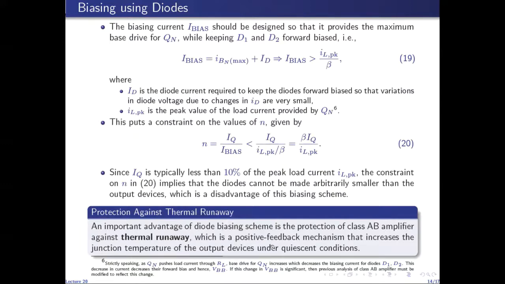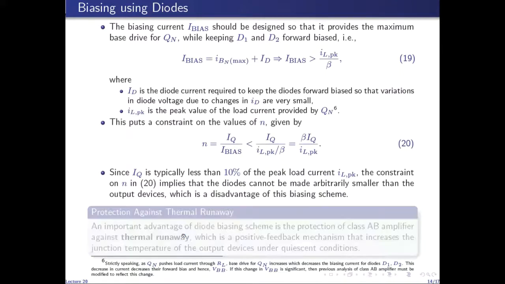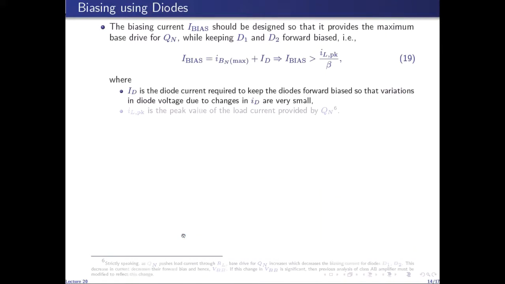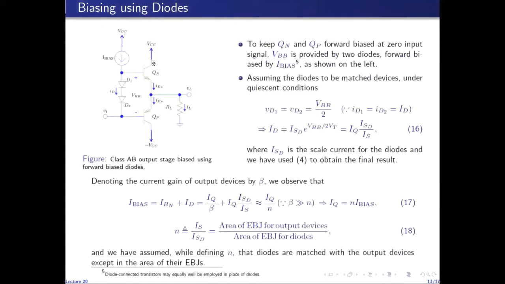And we can observe this from this circuit here, that if the diodes are in close thermal vicinity of the output devices, then an increase in temperature of the output devices will also increase the temperature of the diodes.